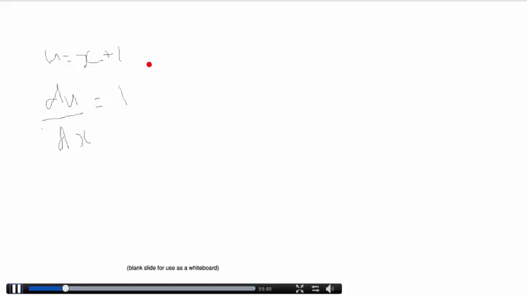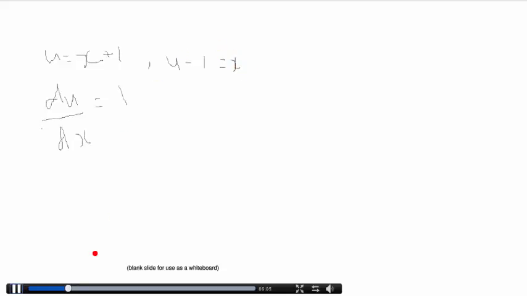Just to keep in mind, I will explain later on, we could also write this in terms of x. So if this is plus 1, we take it to the other side, this becomes u minus 1, which is equal to x. u minus 1 is equal to x.